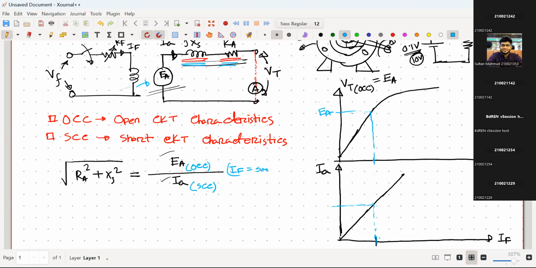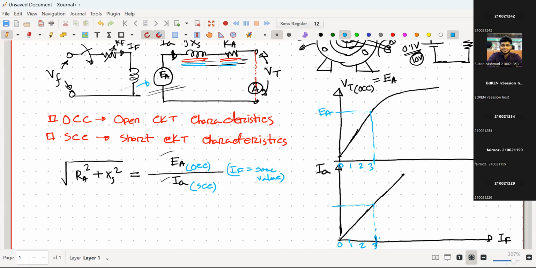Corresponding value means you can take any value. Suppose someone says that I want to figure out the value of this RA square plus XS square for, suppose, IF equal to 0 here, 1 here, 2 here, 3 here. This is an example. Someone is taking 0, 1, 2, 3. Now you can say, sir, I'll take for 2.